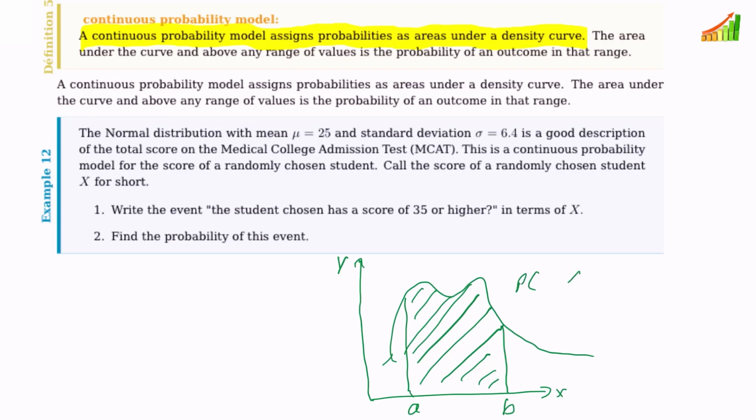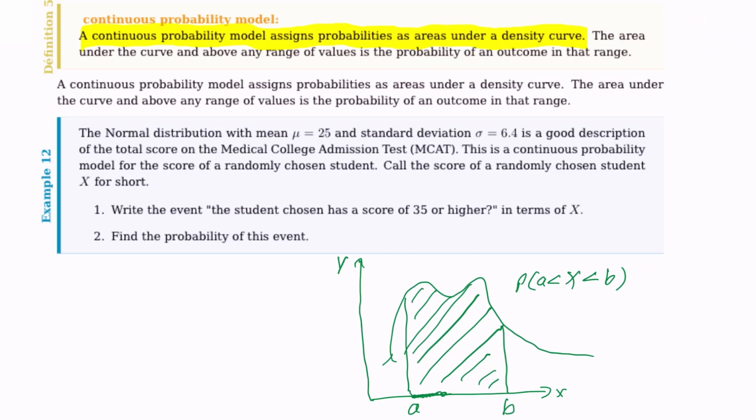I say x greater than A and less than B. Here actually we consider each number between A and B. How many numbers are in between A and B? Infinitely many numbers. Therefore, we consider area for the probabilities. This is the continuous case.